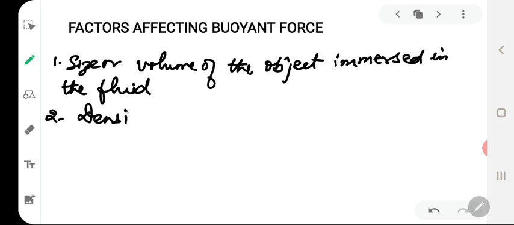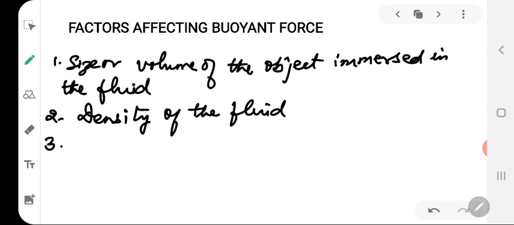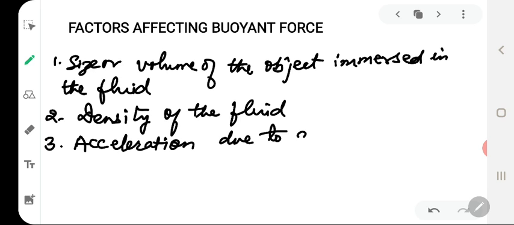Next, it depends on the density of the fluid in which the object has been immersed. So the higher the density of the fluid, the greater will be the buoyant force. It is dependent upon acceleration due to gravity at a place.